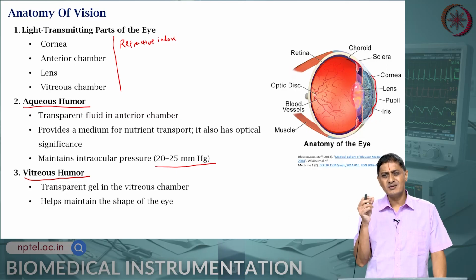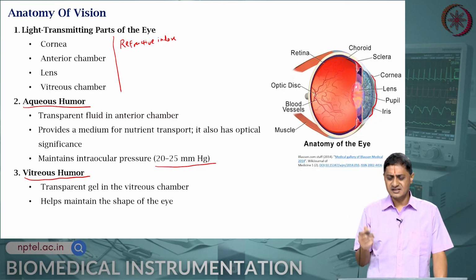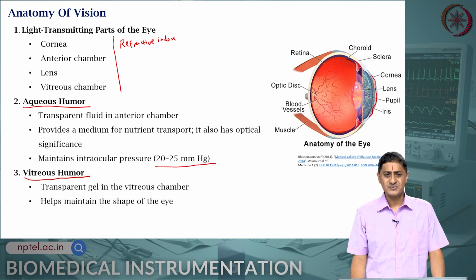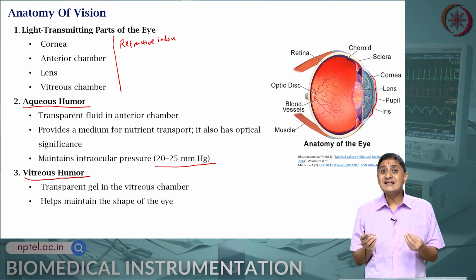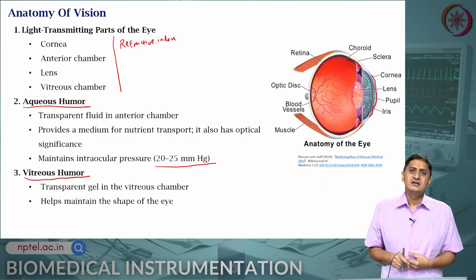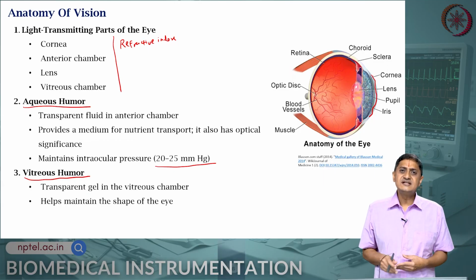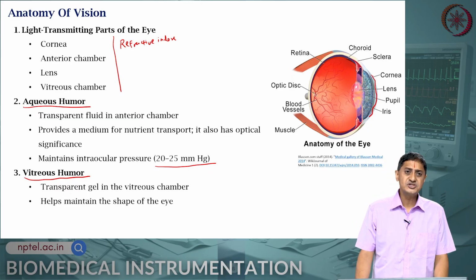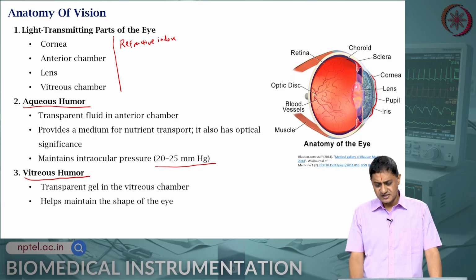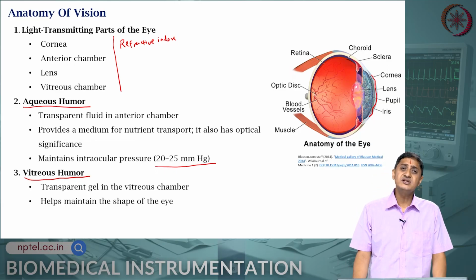It's a really small chamber that is getting recycled once every 1.5 hours or so. So, the balance between the creation of this fluid and the draining of this fluid creates this pressure, which is about 20-25 millimeter mercury.